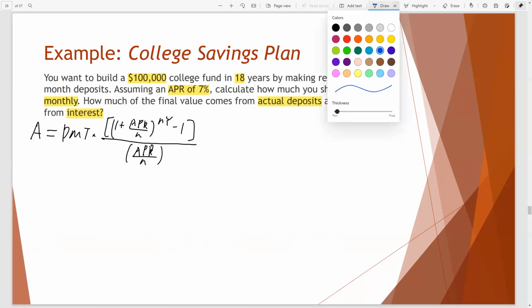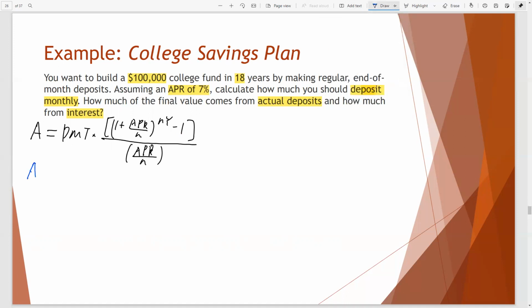What we do know is the accumulated value is 100,000. We want to find the payment. The payment is what we don't know. But that's the equation; the thing it is multiplied to is called the scalar. We could divide both sides by the scalar, then we get the payment.